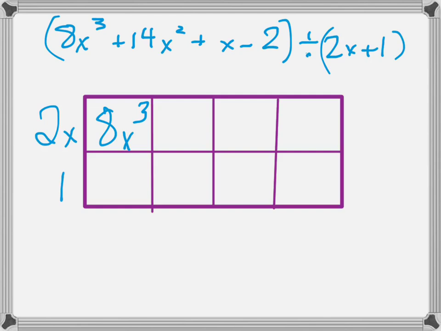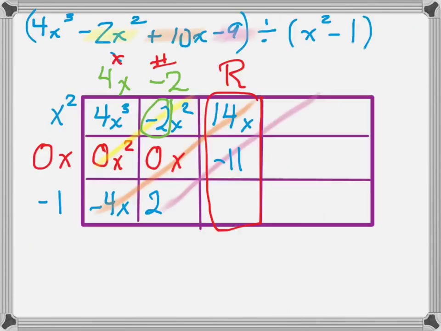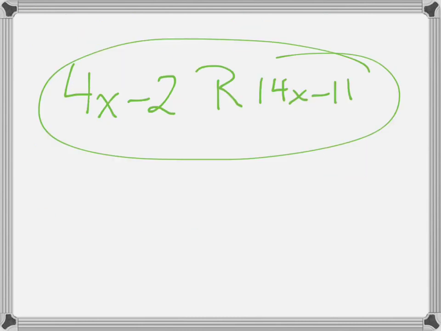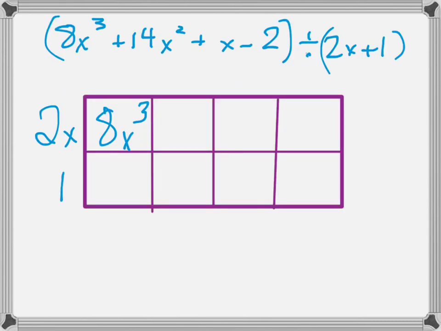So in the past, every single time we've had that top row have a 1, and then the next row was multiplying by whatever that coefficient was. This time, that top row has a 2. So the 2 is here.